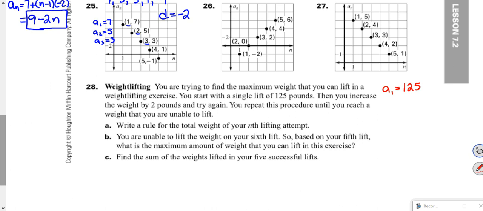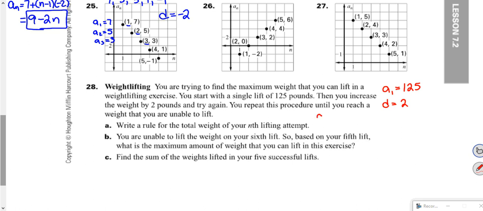So if you're increasing by 2 pounds each time, then what do you think your d is going to be? d is going to be 2. Okay, I got that just from what they were saying there. Single lift, first one was 125 pounds. You increase by 2 each time, so that's a positive 2. You repeat this procedure until you reach a weight that you are unable to lift.